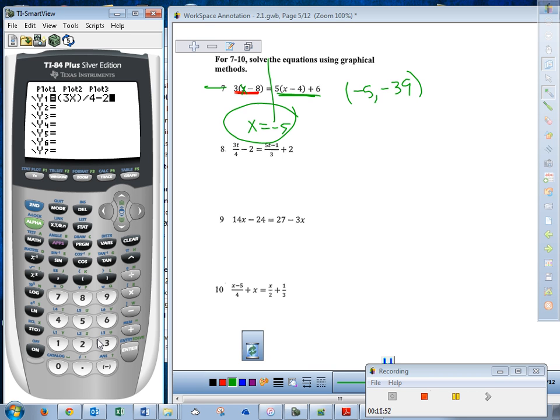Remember, you're not typing the whole thing. It's just left side on y1, right side on y2. 5x minus 1 in parentheses. This is way too slow. Divided by 3. Got to get those parentheses in there, sir. Plus 2.